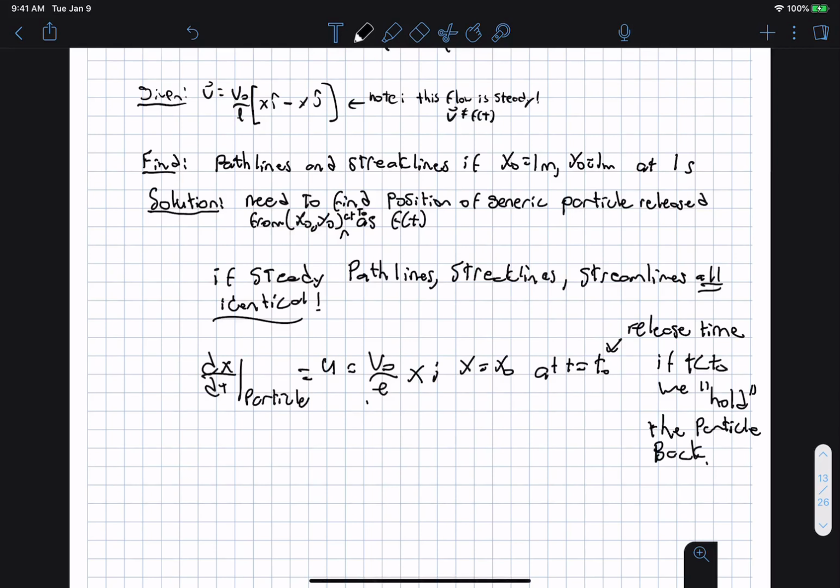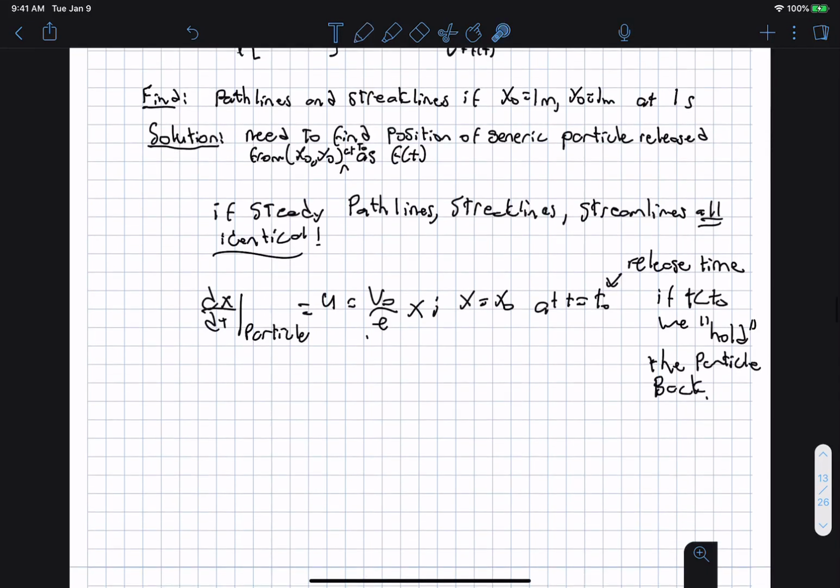Then we do the same thing for y: dy/dt for the particle equals v, which equals minus v naught over L times y, with the initial condition that y equals y naught at t equals t naught.